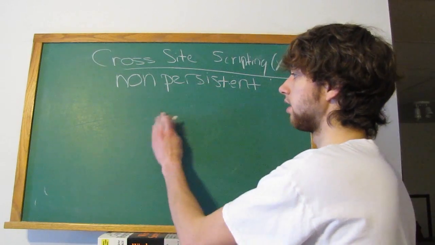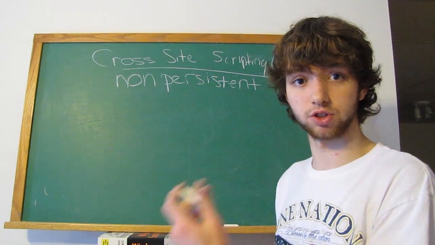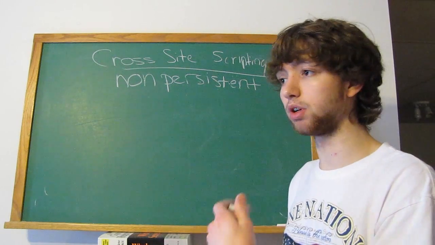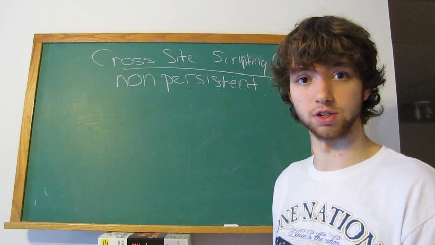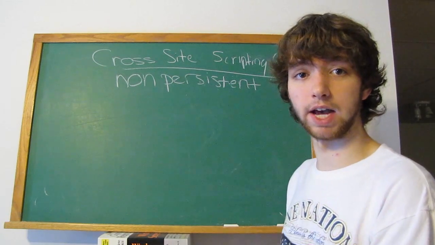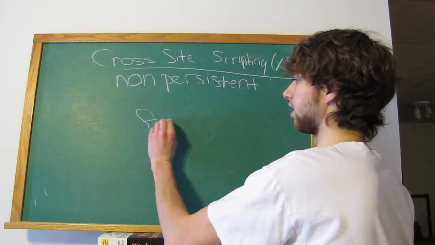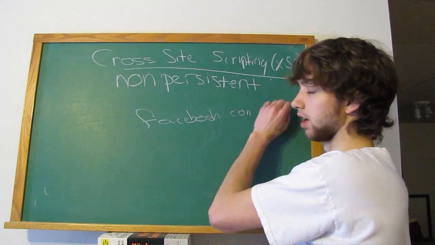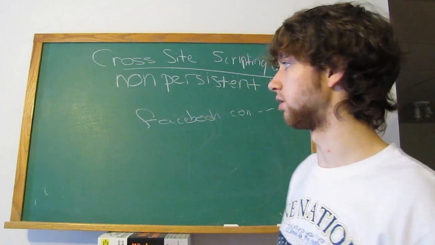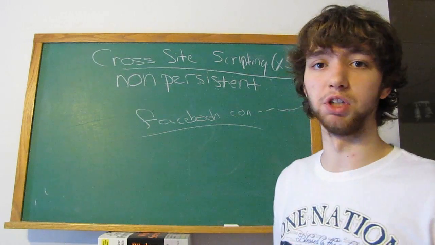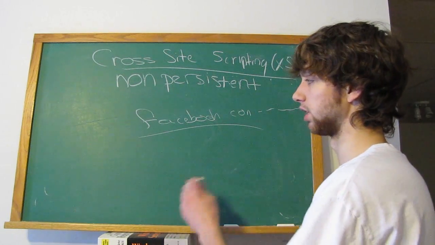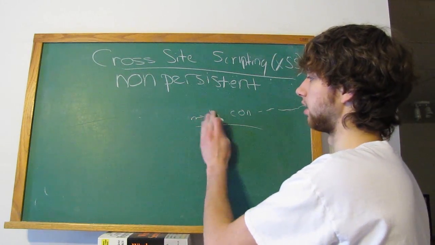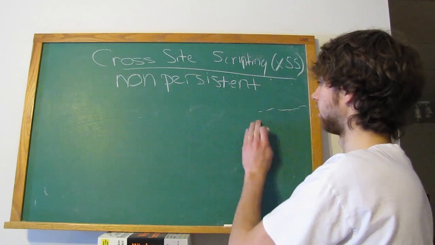So if I successfully put a malicious code on Facebook, for example, using a search result, I send that link and people see facebook.com, well, they're not going to be confused and say, that's a malicious URL. So that would be an example of a cross-site scripting attack.